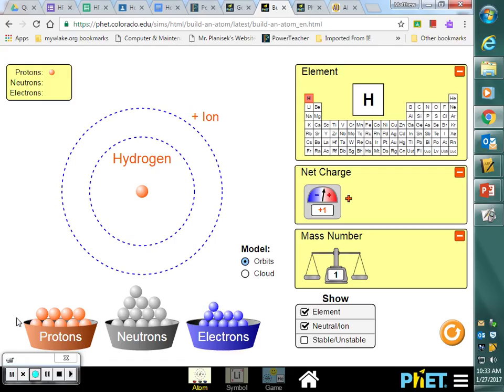To make an atom electronically neutral, it has to have the same number of protons and electrons, right? So in this case, if we throw an electron in there, now it becomes a neutral atom. Okay? Good with that?